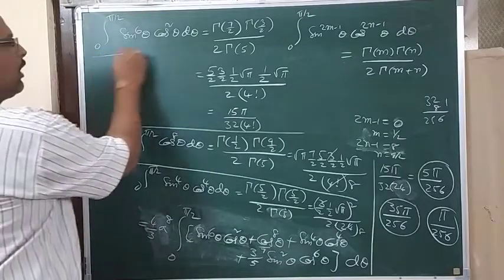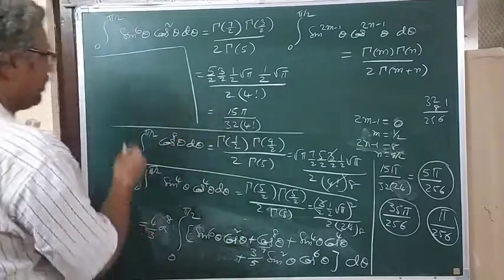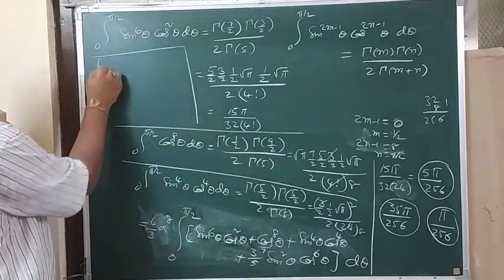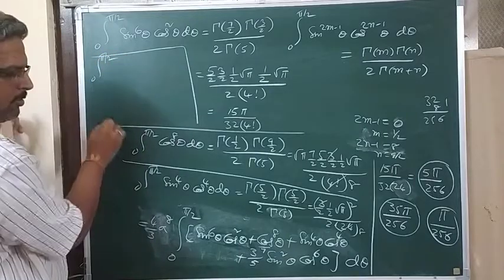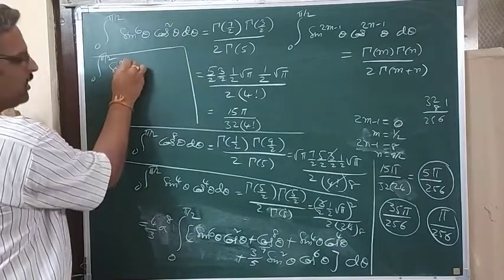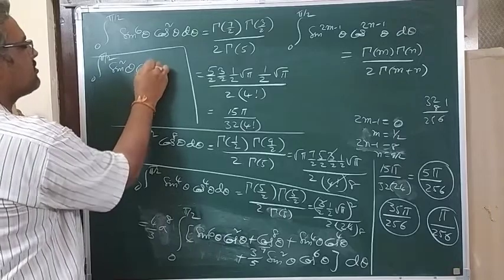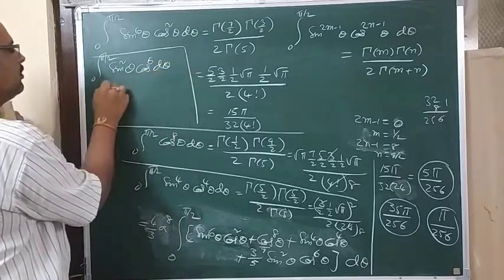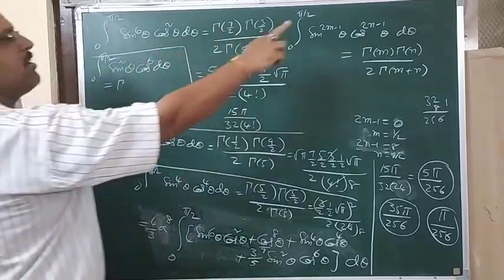In a similar way, the fourth integral. Integral 0 to pi by 2 sin square theta cos power 6 theta d theta equals gamma.